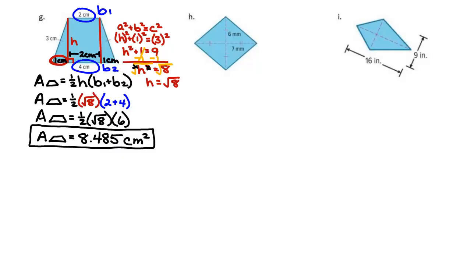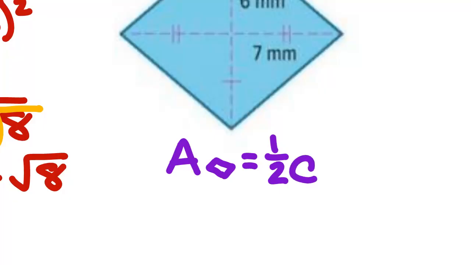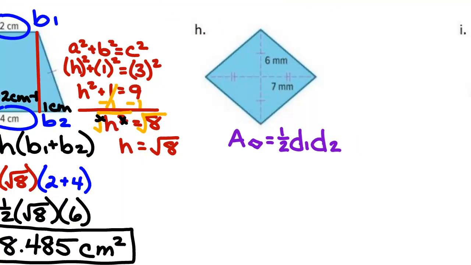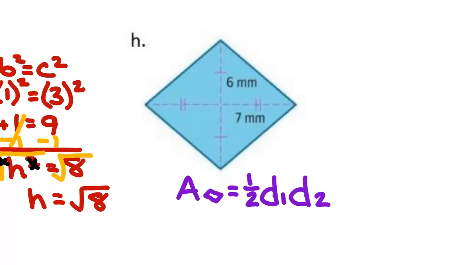Yes. Yep. 1/2 times, it's diagonal, not diameter, but that's okay. Diagonal 1 times diagonal 2. Now looking at this picture, I need the distance from here all the way down to here.